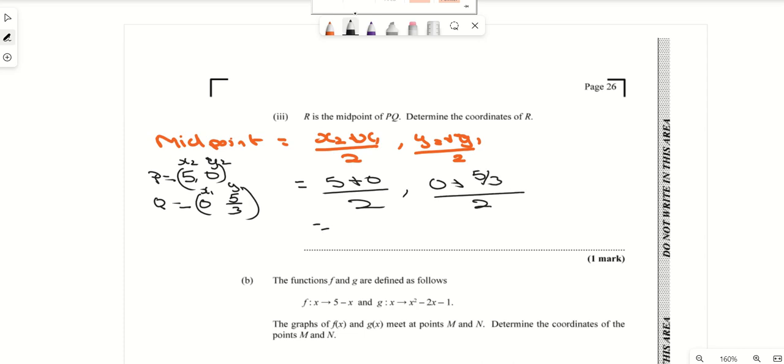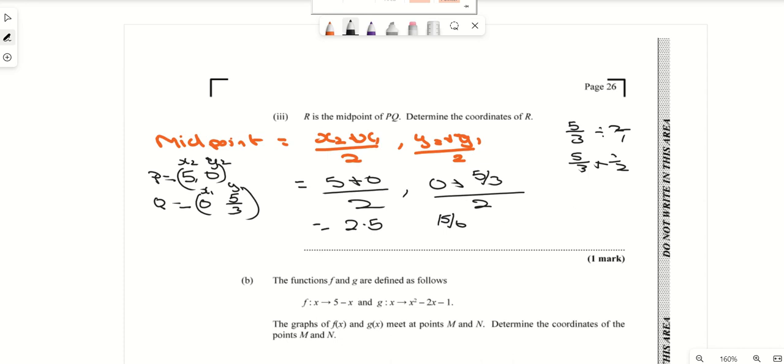When I use a calculator, this is 2.5, because 5 divided by 2 is 2.5, and this one would be 5 over 3 divided by 2. That is 5 over 3 multiplied by 1 over 2, because this is over 1, which is equal to 5 over 6.